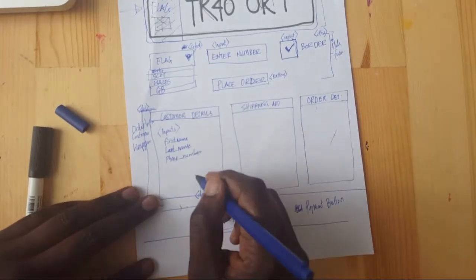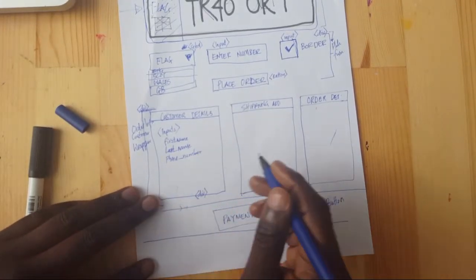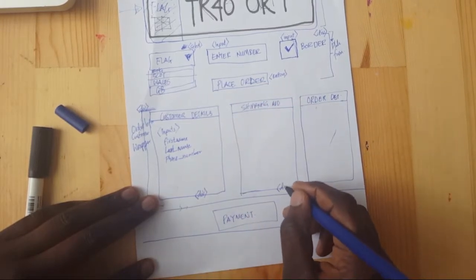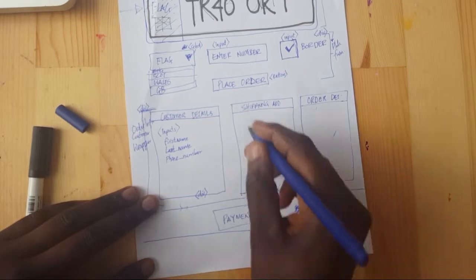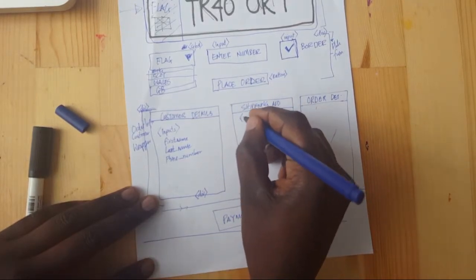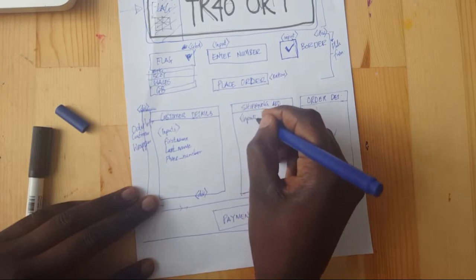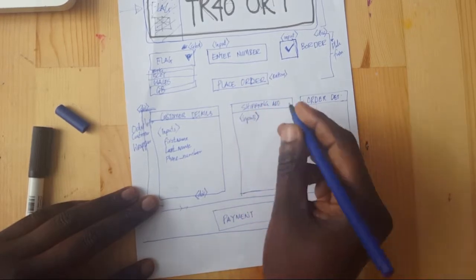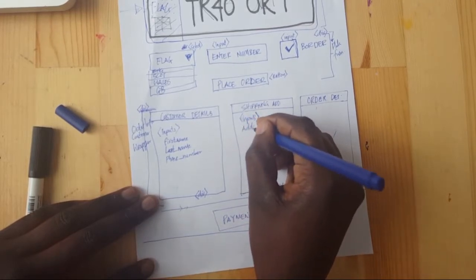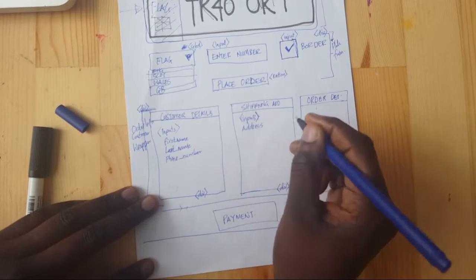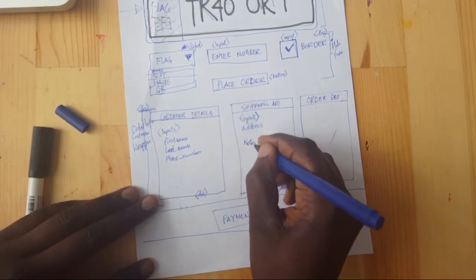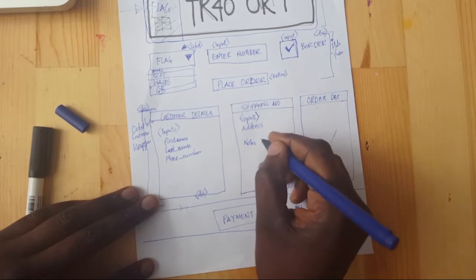and then for our shipping, this will also be a div to hold all this information. We'll have inputs, and these inputs will basically be address, and probably notes. So in address, you know what goes into an address.